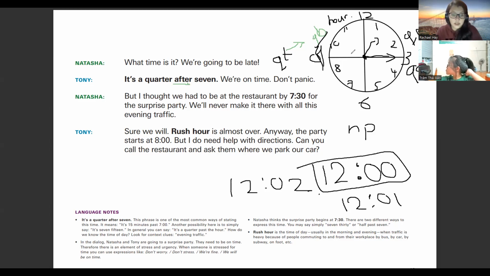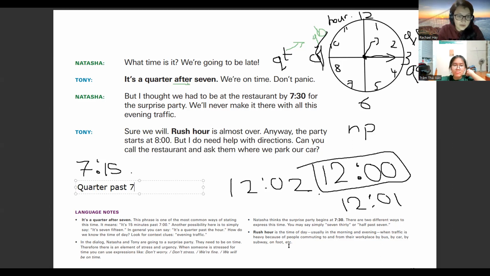Okay, so good. So they're telling us if we want to look at 7:15, we can either say it's quarter past 7. We can say it's quarter after 7.